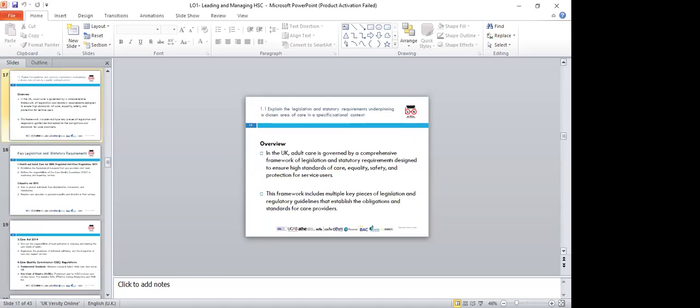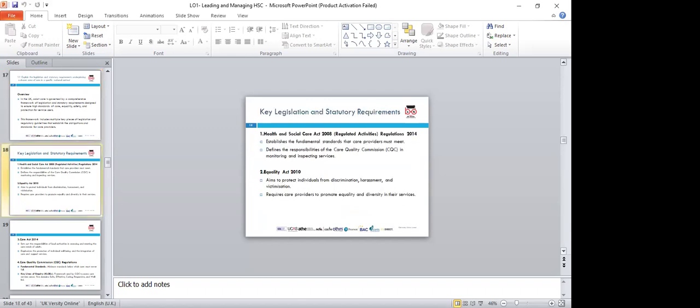Now in the UK, adult care is governed by a comprehensive framework of legislation and statutory requirements designed to ensure high standards of care, equality, safety, and protection of service users. This framework includes multiple key principles of legislation and regulatory guidelines that establish the obligations and standards for care providers.